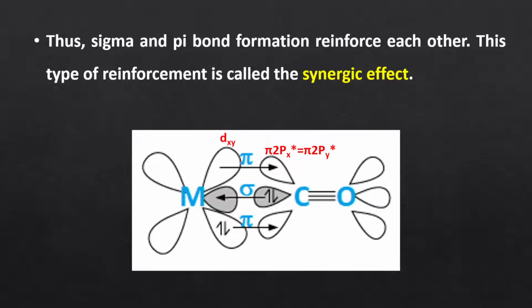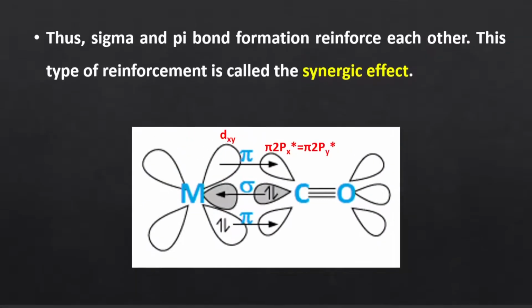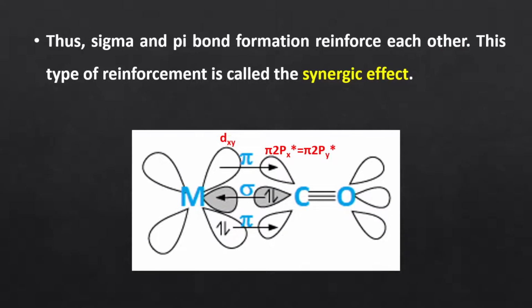Thus, sigma and pi bond formation reinforce each other. This type of reinforcement is called synergic effect. In metal carbonyl complexes, the sigma donation and pi acceptance are taking place through the carbon atom only.